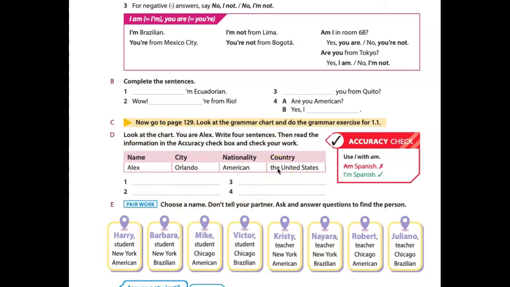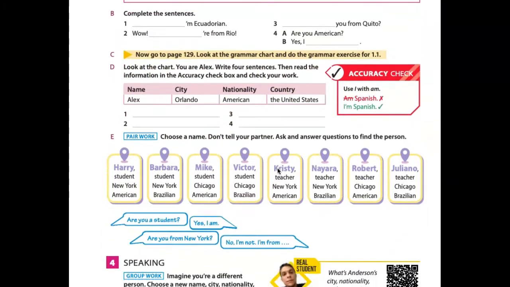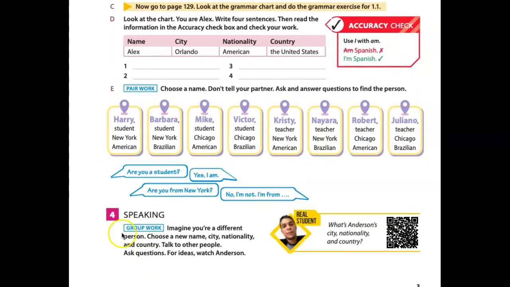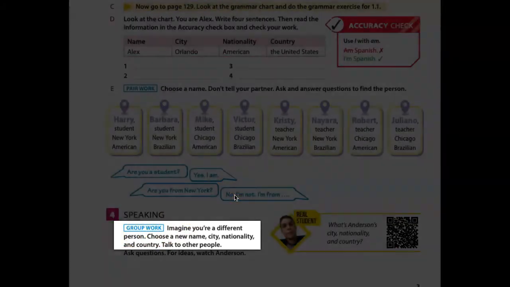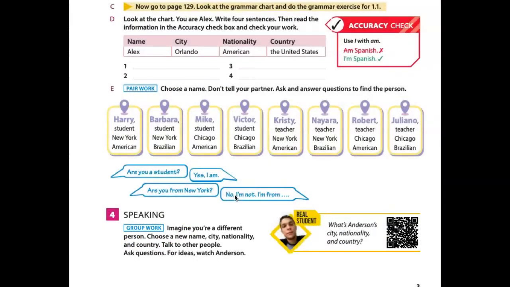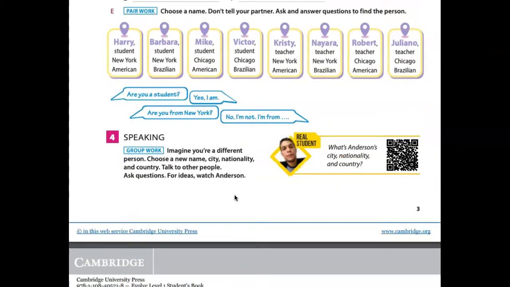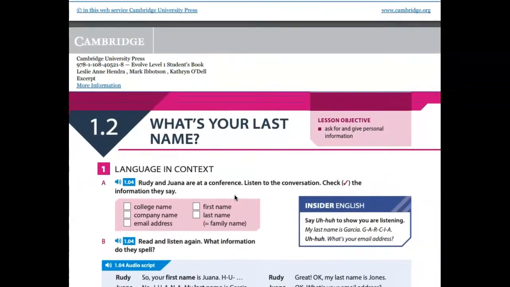So that is less controlled practice. And then they move on to speaking. So that is freer practice. That is going to help you build confidence in students. They go little by little, step by step. They are guided by the order in this book. Okay? And everything is contextualized.